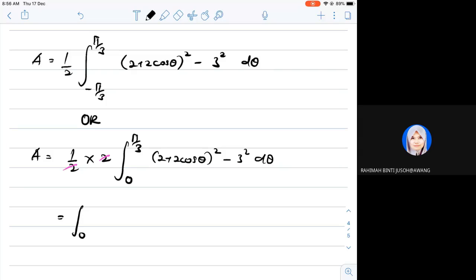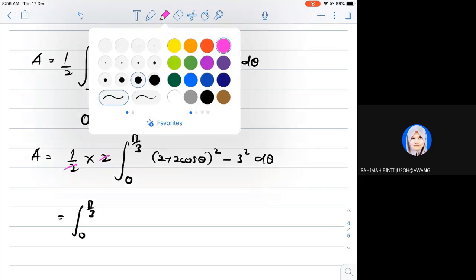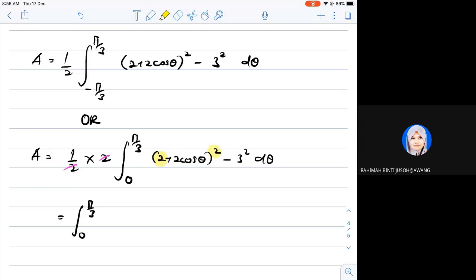So equals integral from 0 until pi over 3 of (2 plus 2 cos theta) squared. All right. First of all, slowly. First of all, 2 squared, so we have 4. And then since this is plus, so plus. Multiply everything: 2 times 2 times 2 cos theta, so we have 8 cos theta.